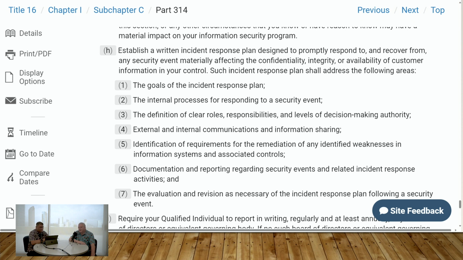When I was reading the published rule, the way these rules work is they publish it, they open it for public commenting, and they give some time for the public to comment.